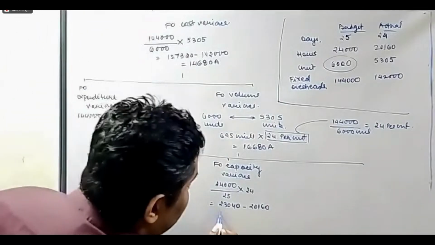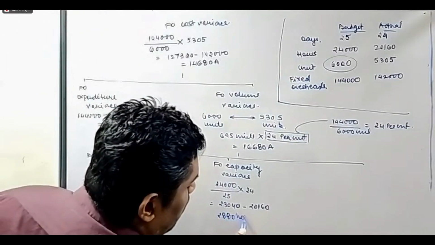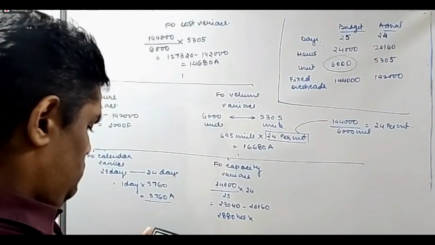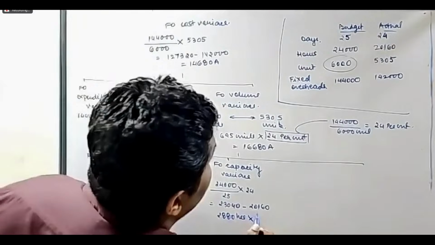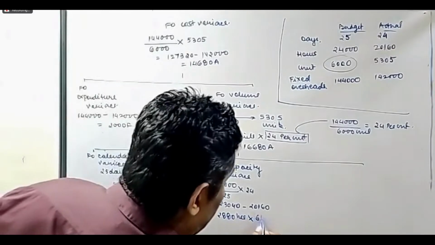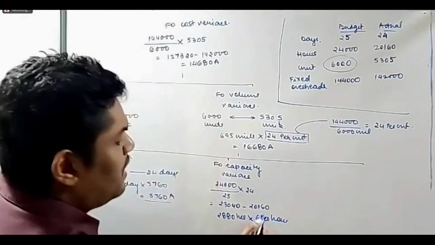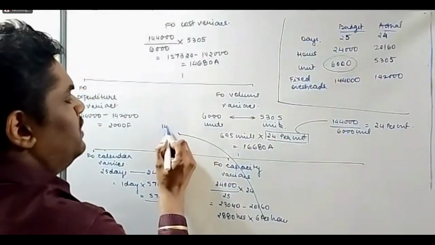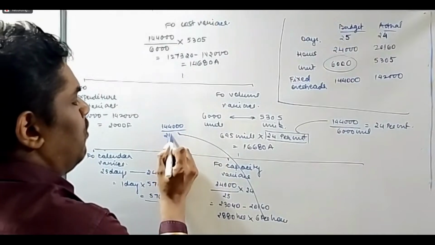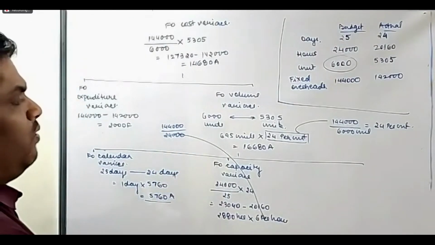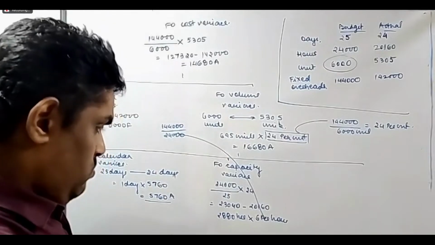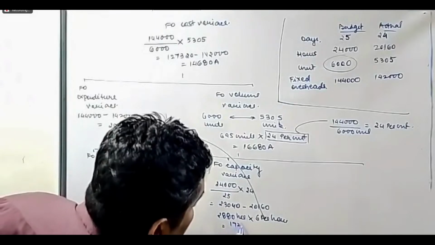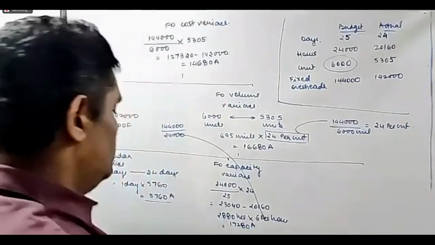So 2,880 hours into the rate per hour, which is 6 per hour. How do we get 6? Very simple: 1,44,000 divided by 24,000. So 17,280 adverse. So this is also adverse.